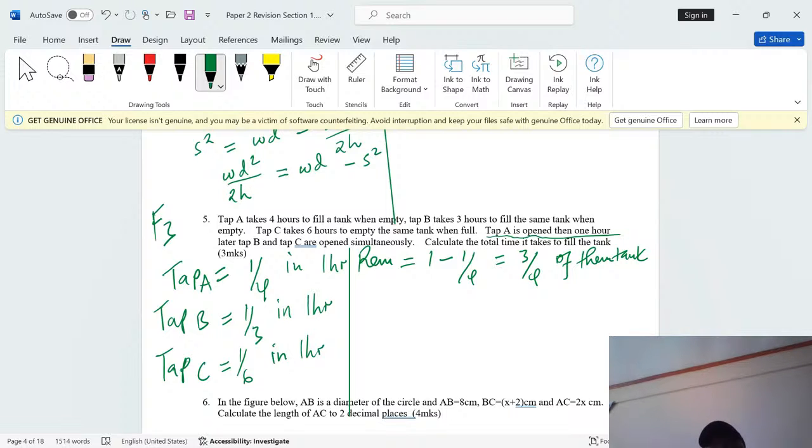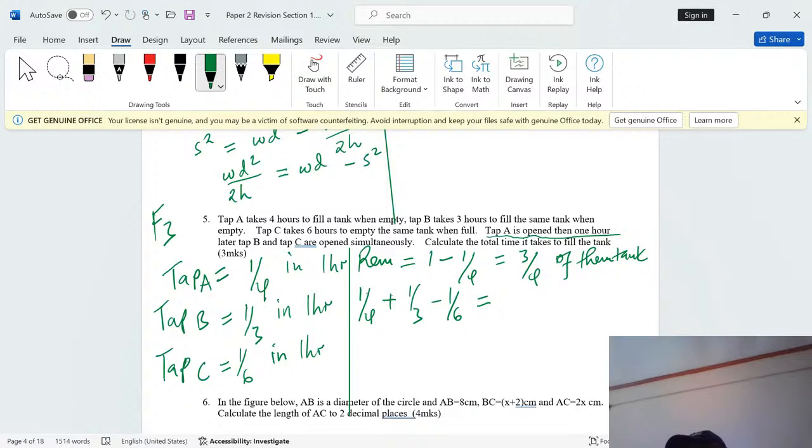But now we want the 3 taps to open. Therefore, in 1 hour, A is filling a quarter, B is filling a third, and C is emptying a sixth. That is why I have a minus at that point.